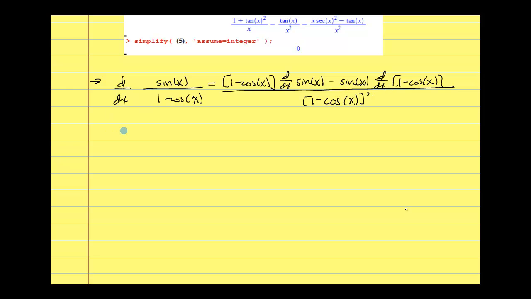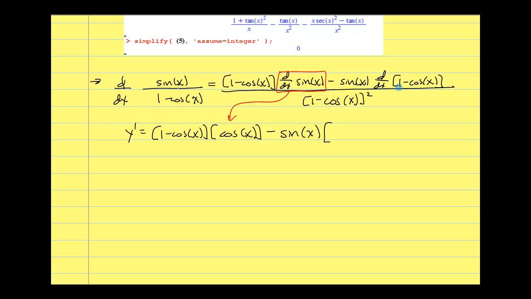So rewriting this, I get y prime or f prime of x, however you want to denote it, of the bottom function times the derivative of the top. The derivative of sine of x is cosine of x, minus the top times the derivative of the bottom.